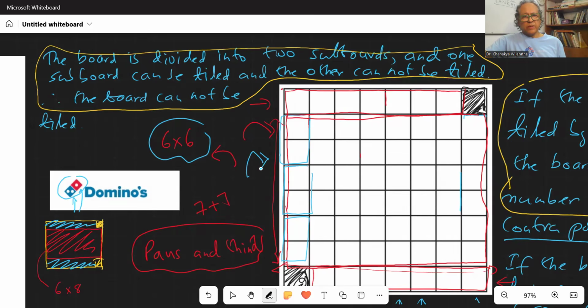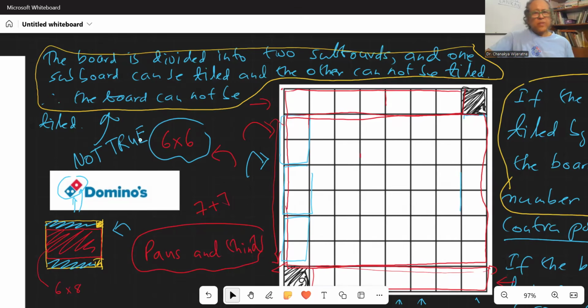But we know that this board can be tiled because that's the task we did earlier, right? That board can be tiled, and we divided that board into one subboard 6 by 8 that can be tiled, and the rest of the board that cannot be tiled, but the board can be tiled. So this claim is not true, right? Not true.